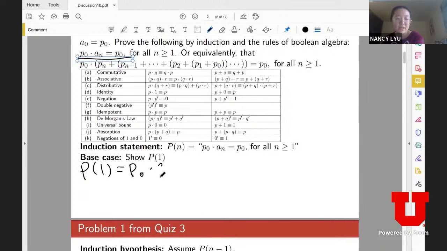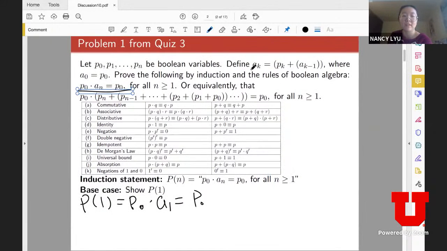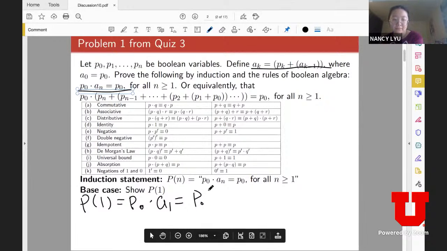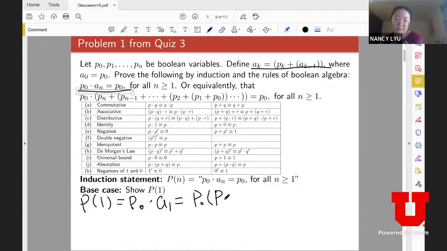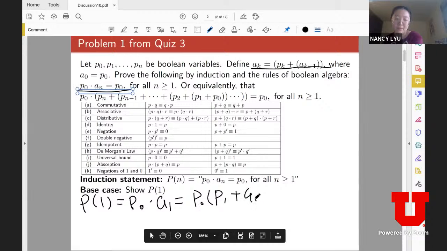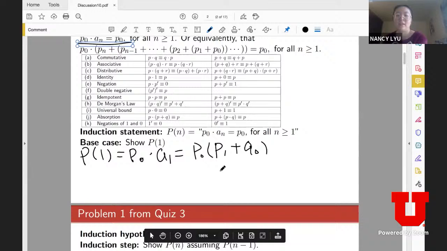We have P0 dot A1. And we know that A1, we're going to use the definition of AK here. That is P0 times P1 plus A0.